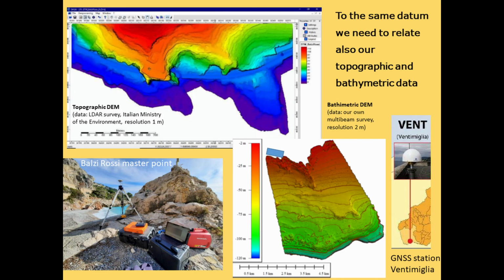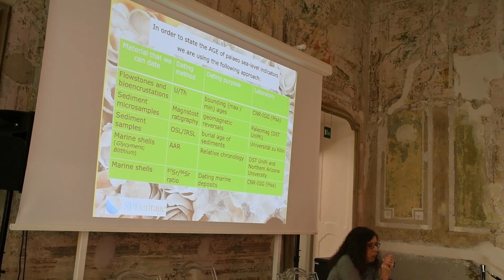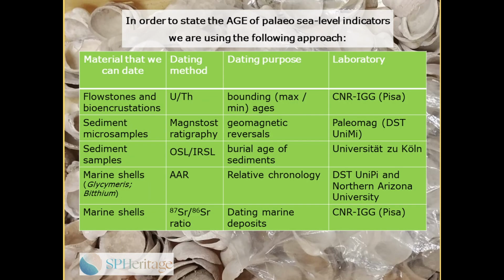And then there is the second part, which is dating sea level indicators, which is tricky. We decided to use the following dating methods: from uranium-thorium on flowstones and on bioincrustations, to magnetostratigraphy, to luminescence dating, to amino acid racemization, and then also strontium isotope ratios.